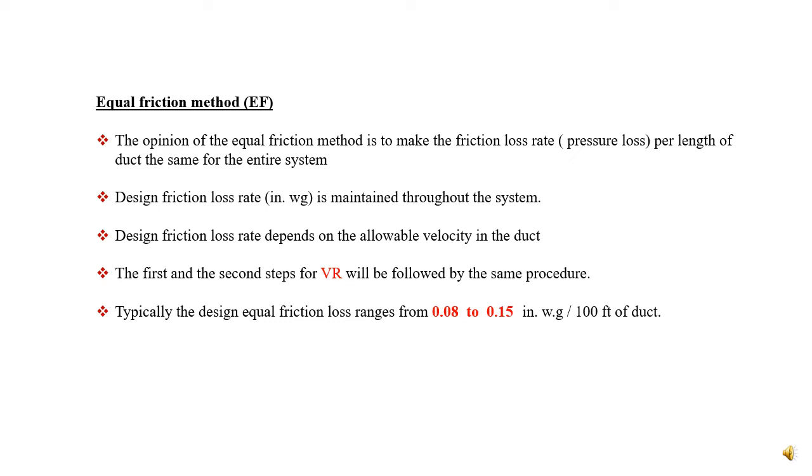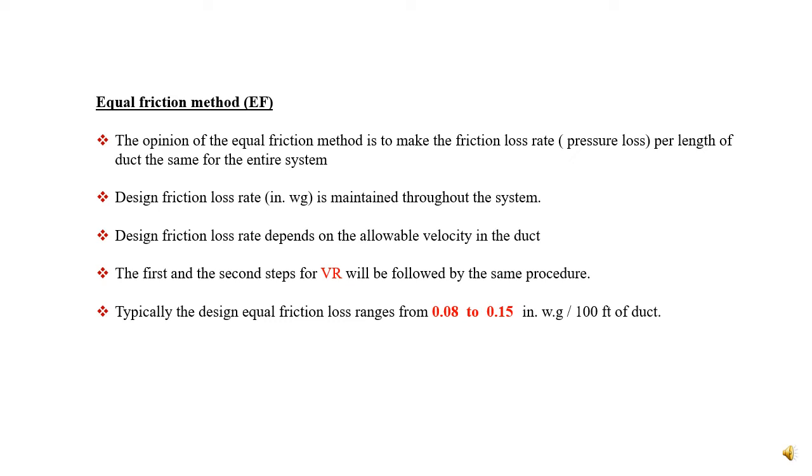Alright, the second method is the equal friction method. Due to its name, equal means the same. That means for the whole duct section, if possible, you use the same friction loss.